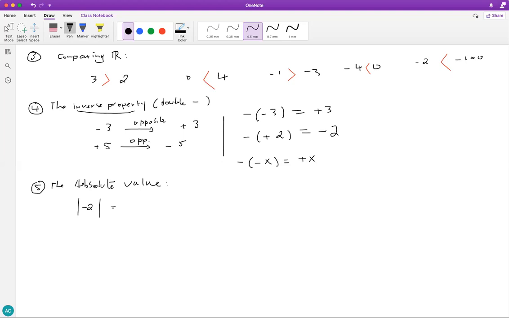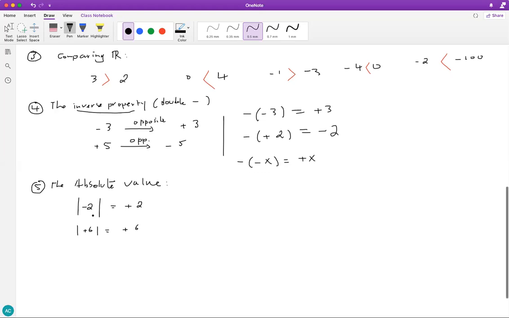What the absolute value does basically is just strip the number of the negative sign. It makes the number inside positive. For example, the absolute value of -2 is +2. The absolute value of +6 is +6, it's already positive, so it remains positive.